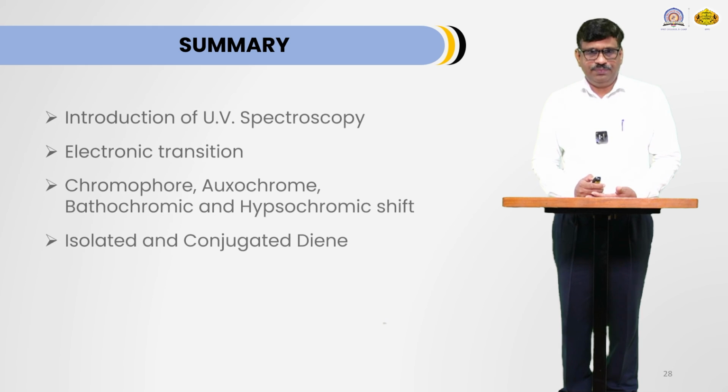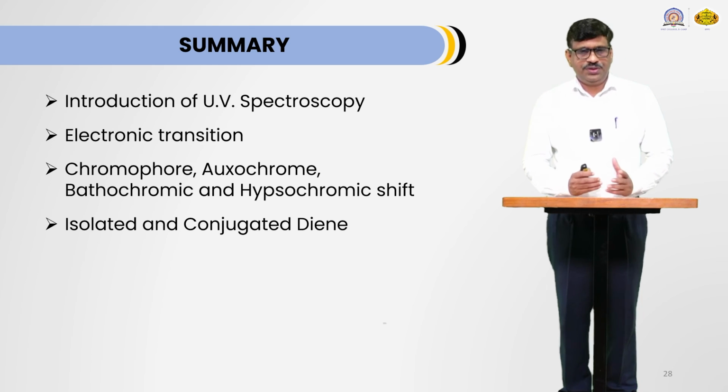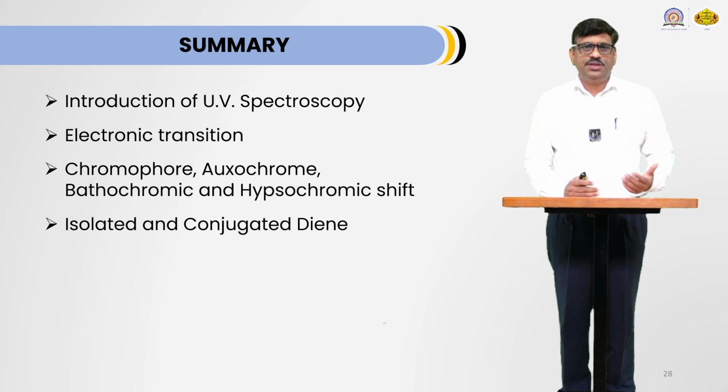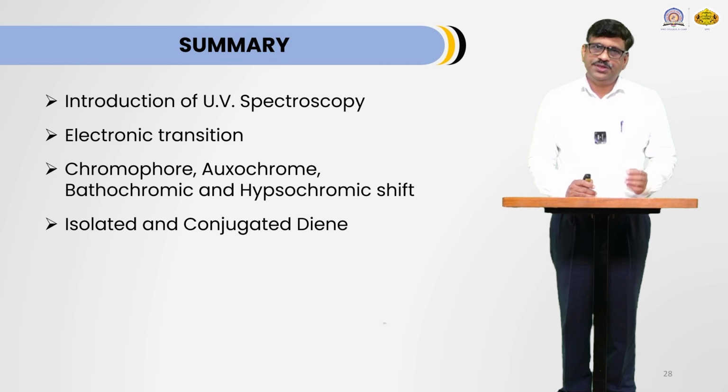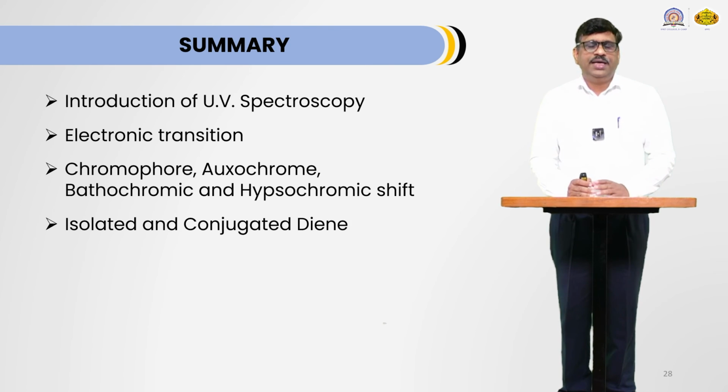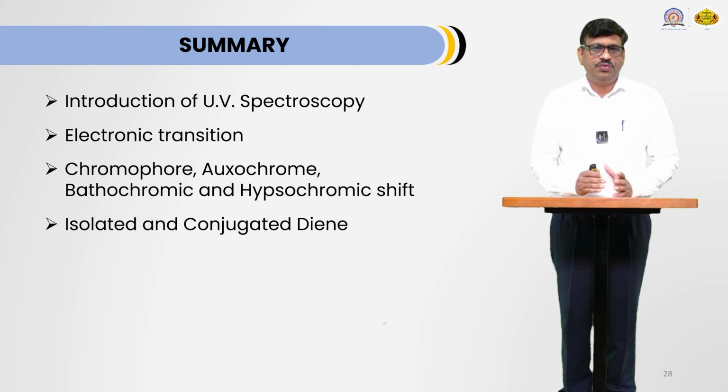Summary of today's lecture. We have seen what is UV spectroscopy. We have seen the range of UV spectroscopy. It is from 200 nanometer to 400 nanometer. From 400 nanometer to 800 nanometer, it is visible spectroscopy. And from 15 nanometer to 200 nanometer, it is vacuum ultraviolet.